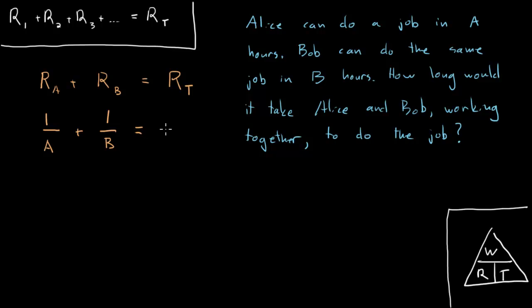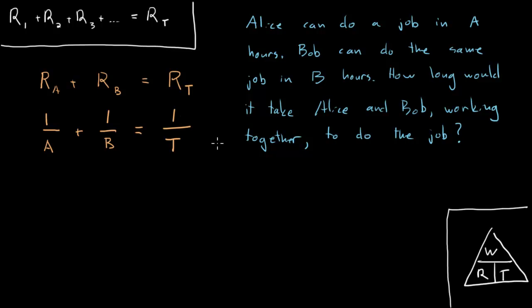And altogether, we're trying to find how long it'll take them working together to do one job. And so the rate then would be one job in the together time, the time for them to do that one job together. So that's just plugging into our trusty add the rates method for combined work.